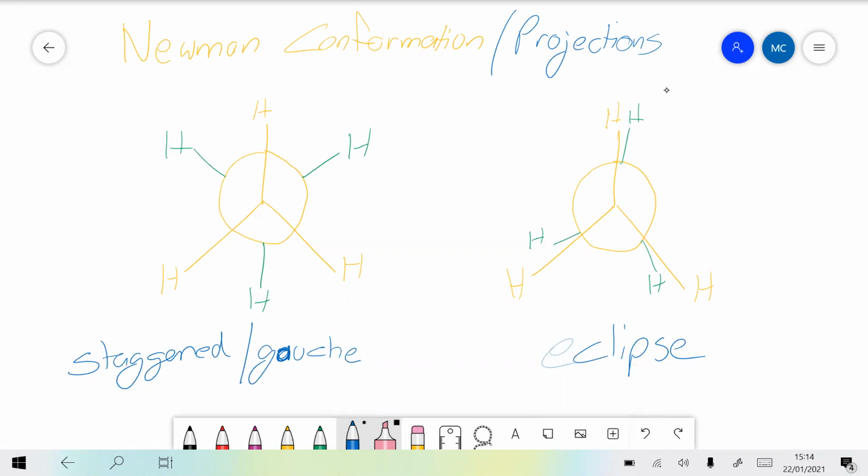And these Newman projections are going to be very important, because for all of the reactions from now on, we have to start thinking about the Newman projections. When we're doing mechanisms now, it's not going to be simply drawing a 3D structure, but it would be best to draw these Newman projections.